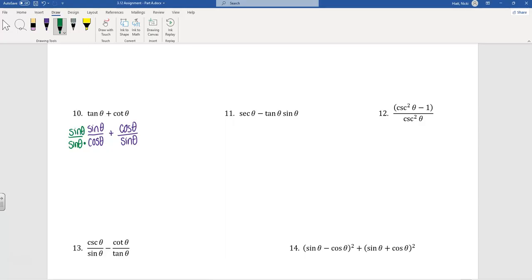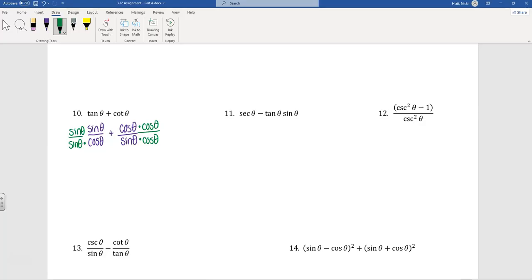Because what is sine theta divided by sine theta? 1. And if you multiply a number by 1, does it change its value at all? No. So you're going to change the way it looks a lot, but you're not changing its value. Over here, I've got a sine, but no cosine, so I need a cosine theta here. And so I need to multiply by cosine theta on the top as well.